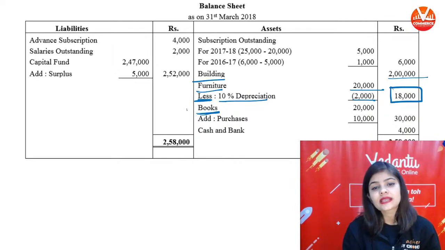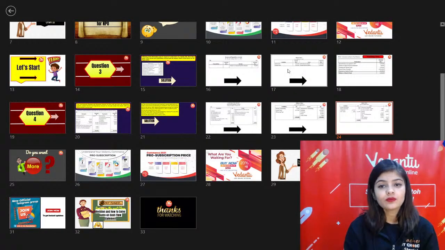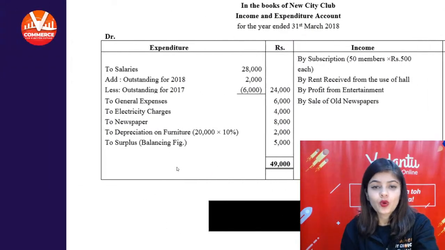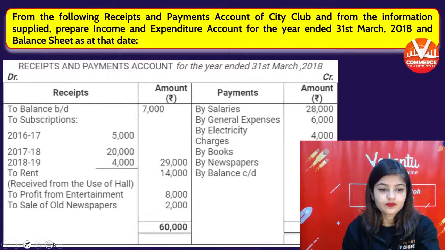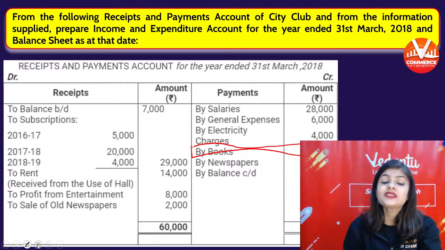Then books. Books are 20,000. And we have also purchased books in the receipt and payment account. So here you can see on the credit side, buy book. You have made payment for the book, it means you have purchased books.